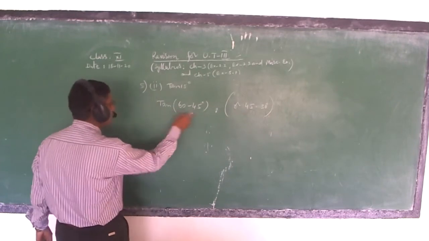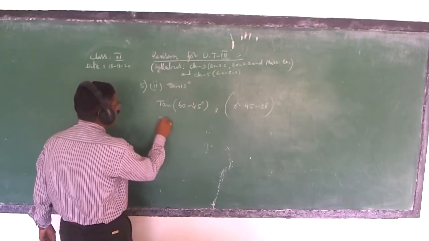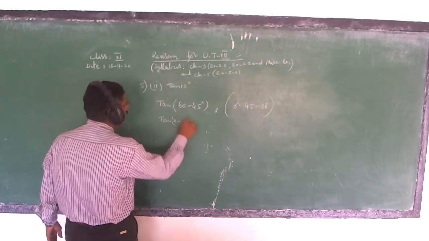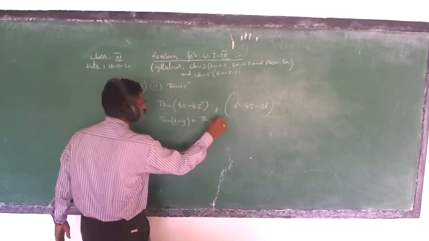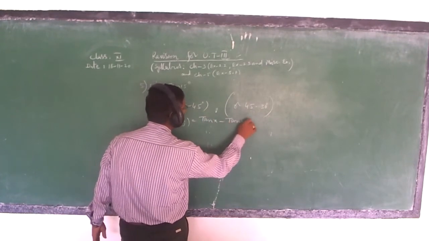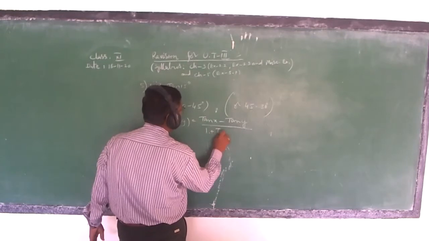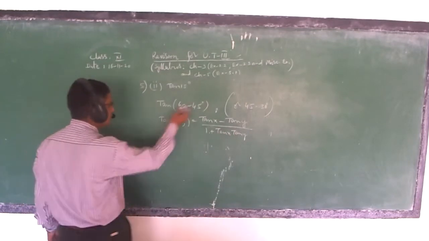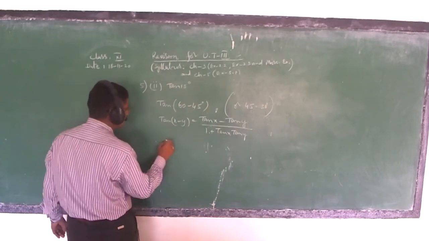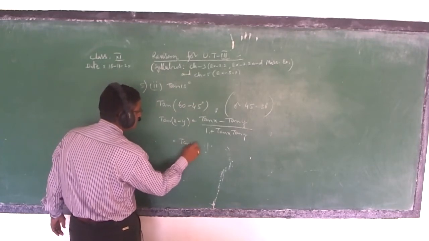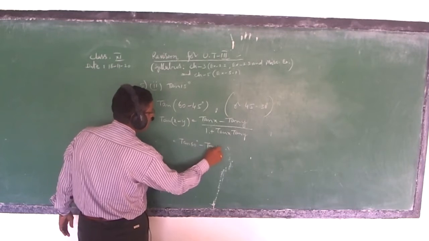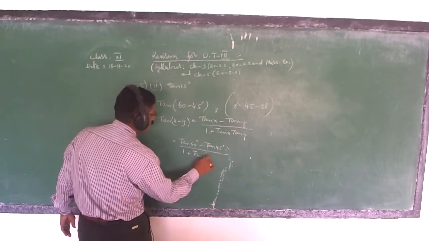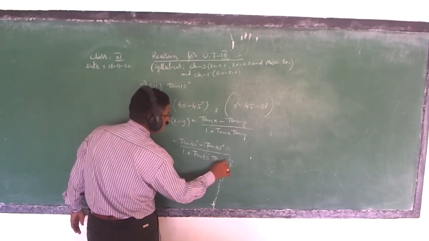Writing in this way, the tan x minus y formula is known to us. Tan x minus y equals tan x minus tan y upon 1 plus tan x tan y, right? So using this formula, we can write this as tan 60 degrees minus tan 45 degrees upon 1 plus tan 60 degrees multiplied by tan 45 degrees.